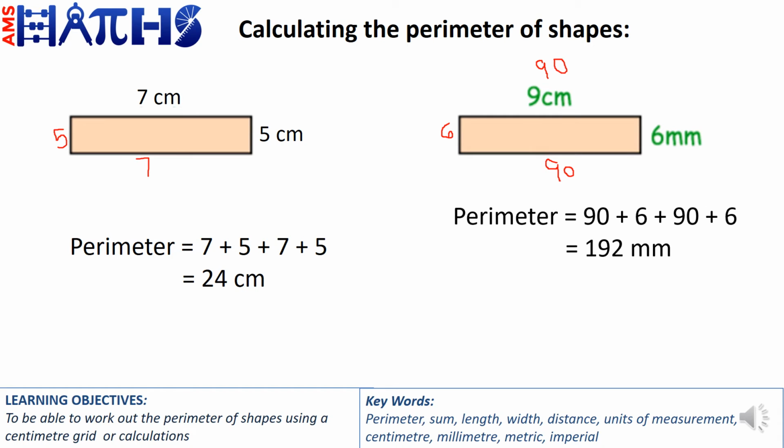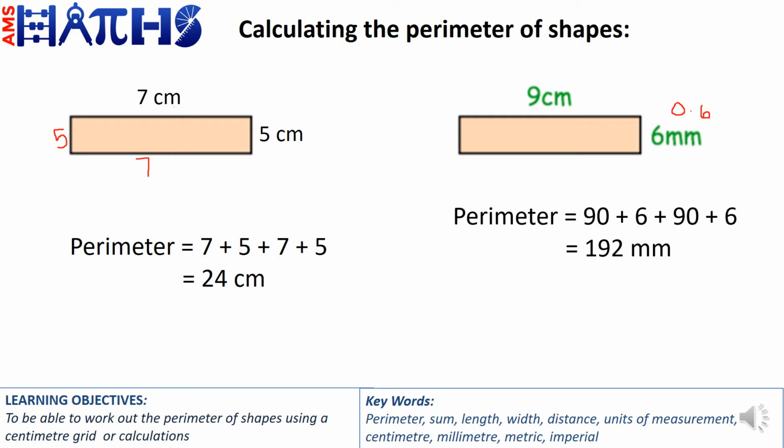For the second method, we are going to convert the measurements to centimeters. And so the 6 millimeters has to be converted to centimeters, and that is equal to 0.6 centimeters.